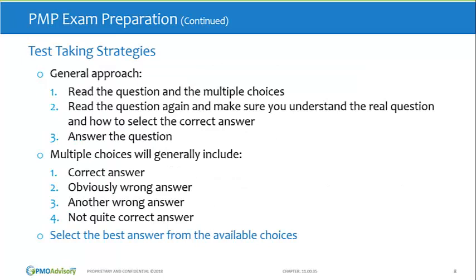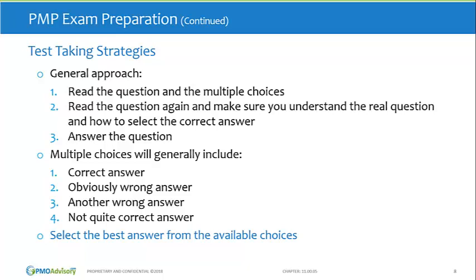Here are some general strategies. First, read the question and the multiple choices. Then, read the question again and make sure you understand what the question is really about before you select the answer. Then, answer the question.